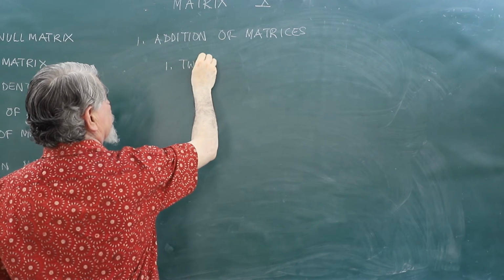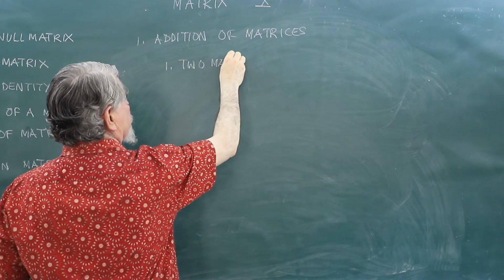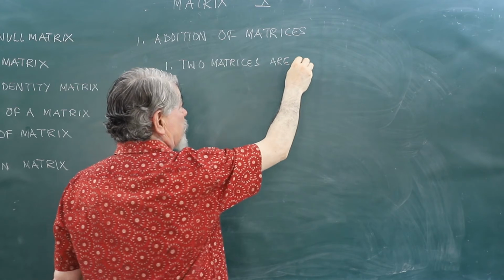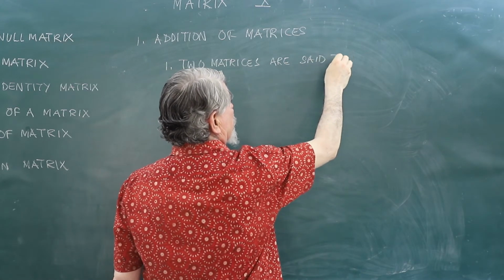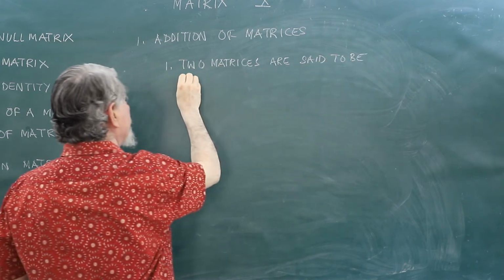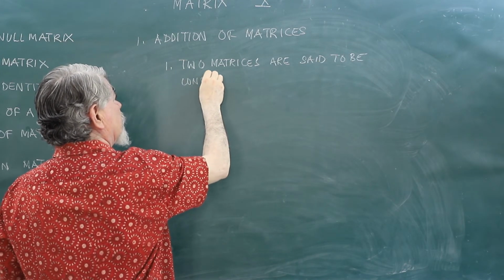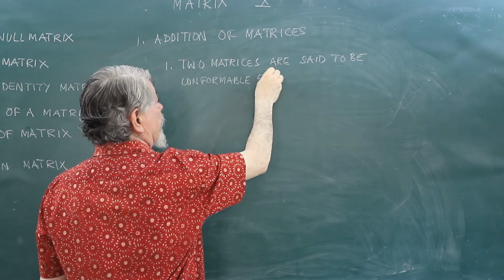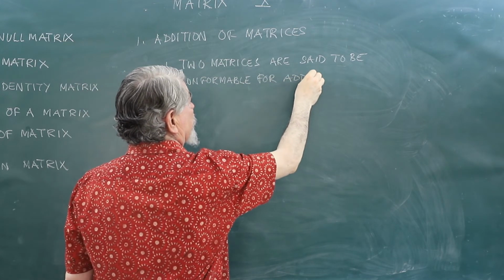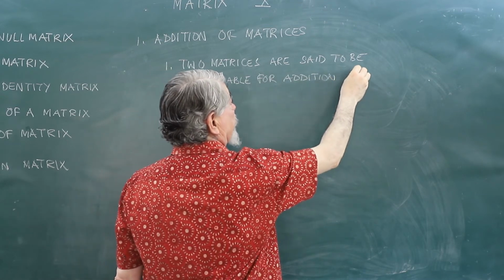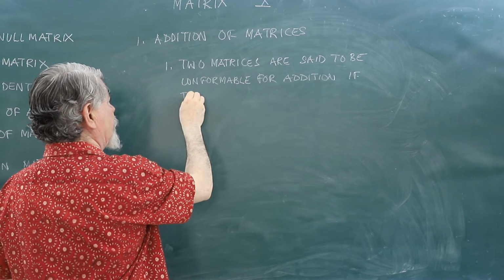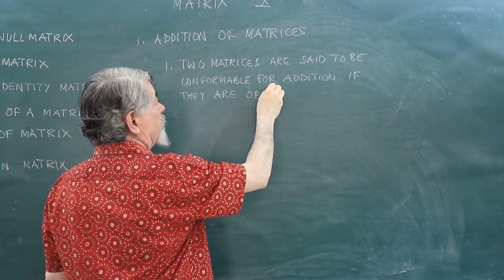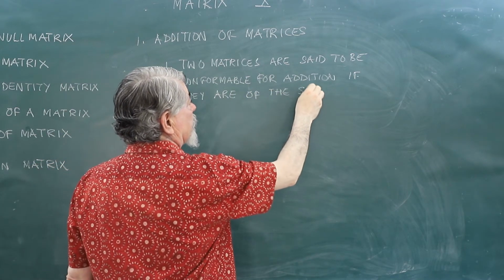Two matrices are said to be conformable for addition if they are of the same order.